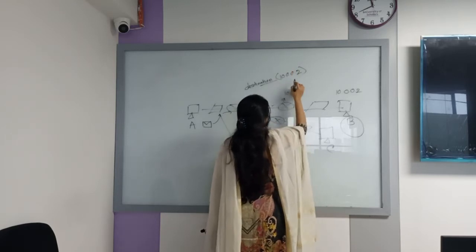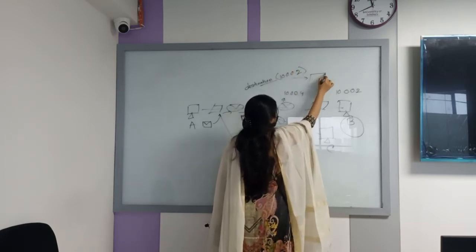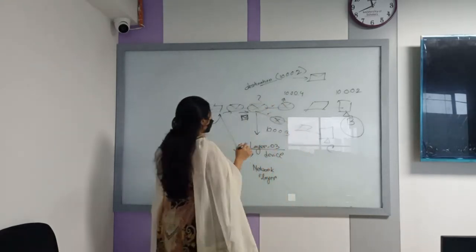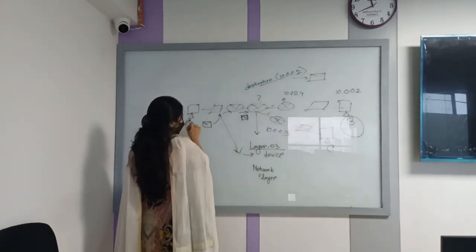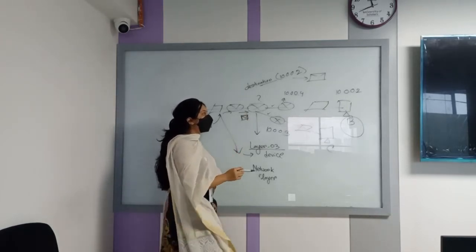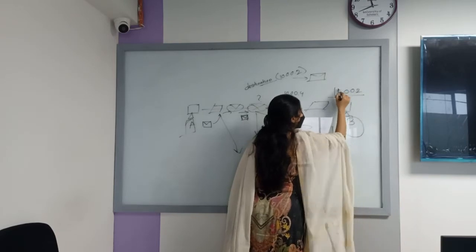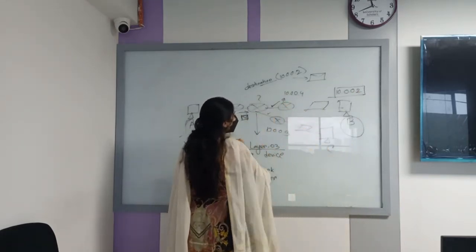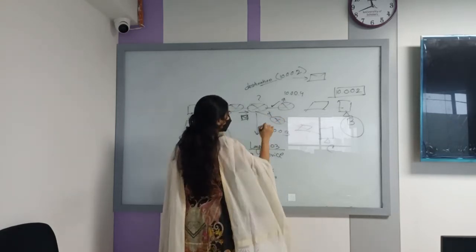Where is it written? In the packet that was sent from a user. So based on this IP address, the router will send to this route rather than this one.